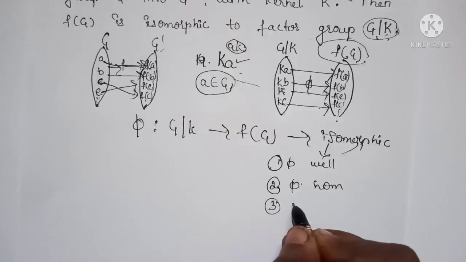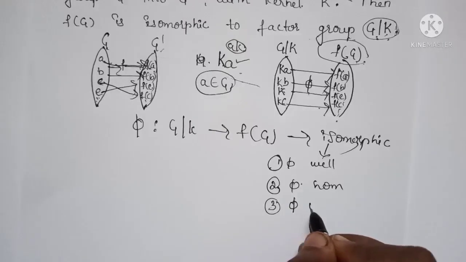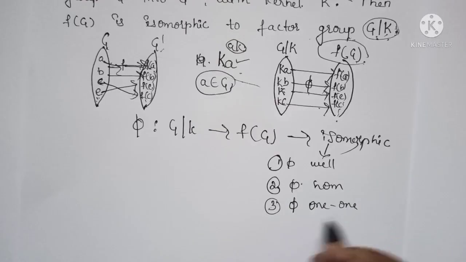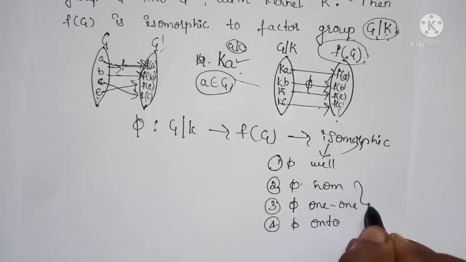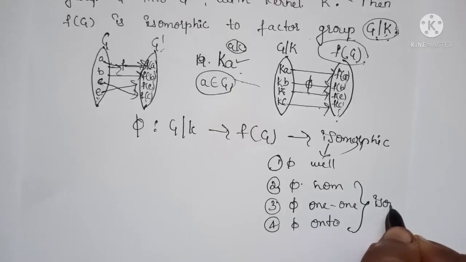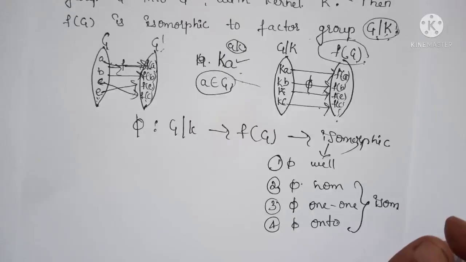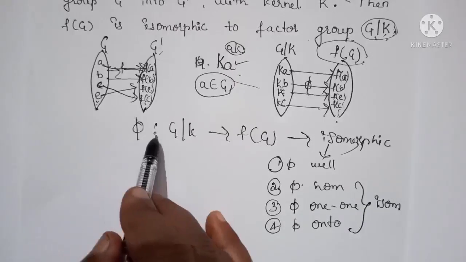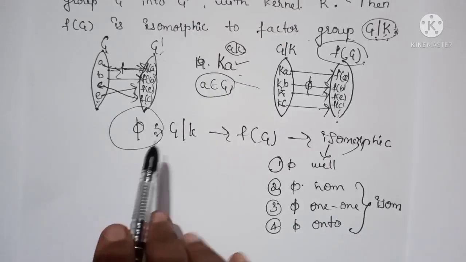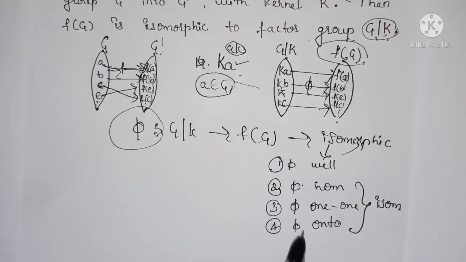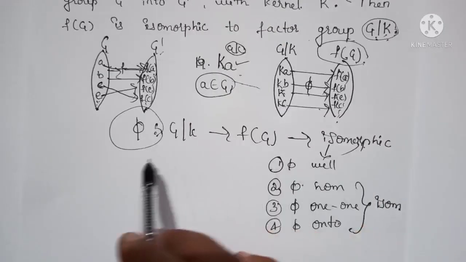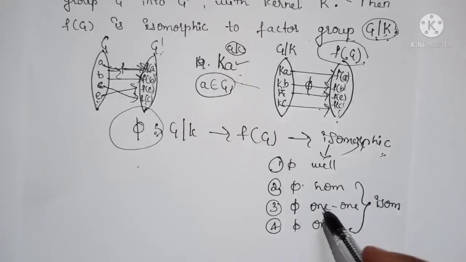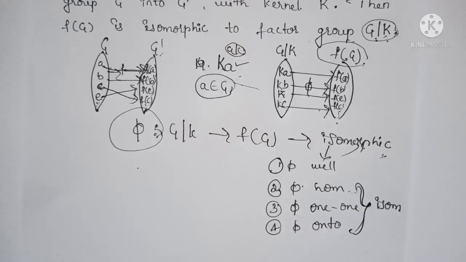The third one, phi is one-one, and phi is onto. So this is all from the definition of isomorphism. So first we show that this is well defined, second that phi is a homomorphism, and for that we have to show all these three. Okay, so let us prove one by one.